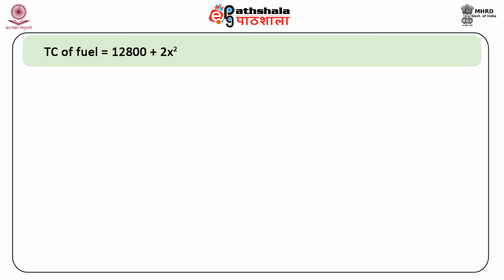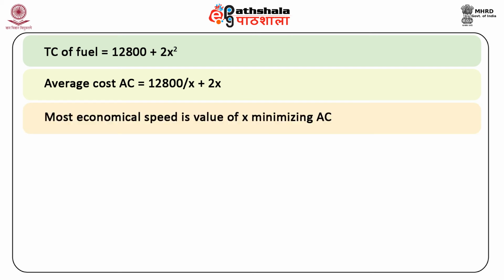Now, the total cost of running the train when its speed is x km per hour is TC equal to 12,800 plus 2x². The average cost becomes 12,800 upon x plus 2x. The most economical speed will be that value of x which minimizes AC.